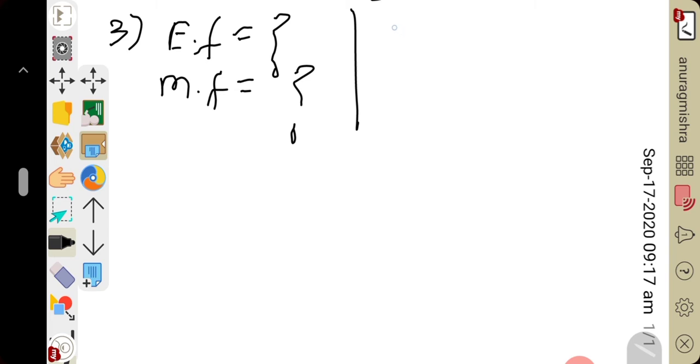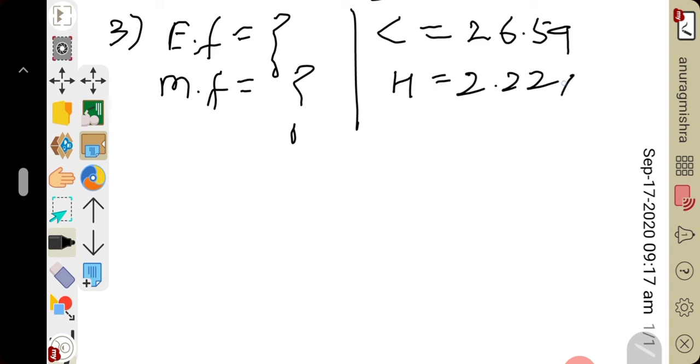How will you calculate? On the basis of percentage composition. The percentage composition of the different elements is: carbon 26.59%, hydrogen 2.22%, oxygen 71.19%.